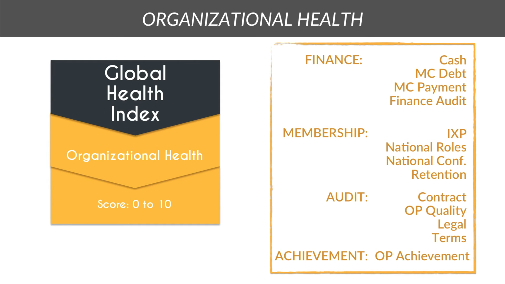It's not counting operations twice, because we already have the global operation index, right? The global operation index is looking at how good you are in that operation. If you are looking at achievement, you're just looking if that entity is healthy in terms of achievement, because they are fulfilling their promise.